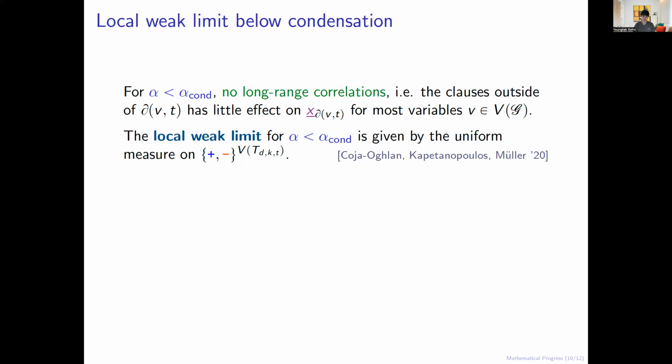And it was verified by Coja-Oghlan et al. that the local weak limit below condensation is indeed given by the uniform measure on this tree. Namely, the clauses outside this tree have no effect on the inside of the tree. And this is because below the condensation threshold, there are no long-range correlations.